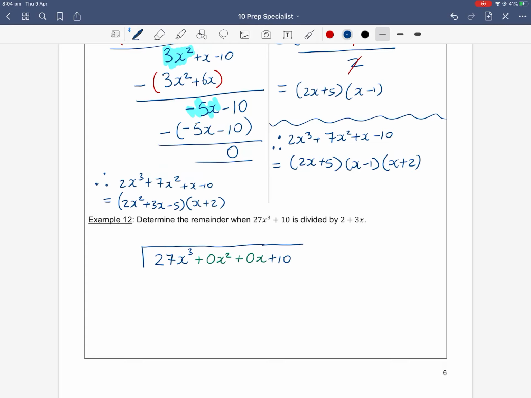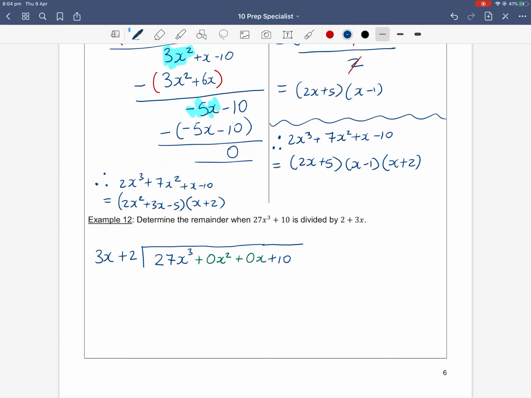So in descending order of power, so cubed, then squared, then x, then no x, make sure you have them as placeholders. Now for the divisor on the outside, 2 plus 3x, make sure that's also written in descending order of power as well. So 3x comes first, and then our plus 2 comes afterwards.